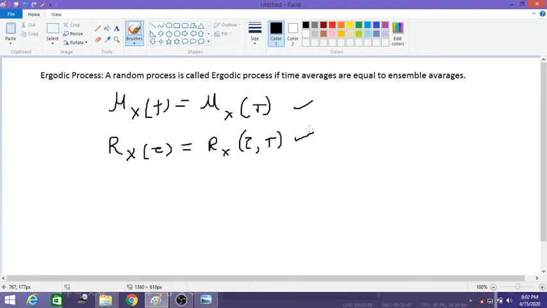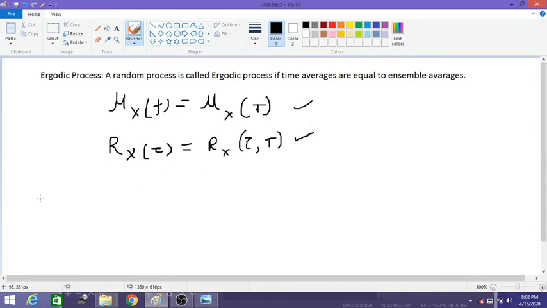Before going to this example, I want to highlight one more thing here. We can say that the process is ergodic in mean if the following conditions are satisfied.